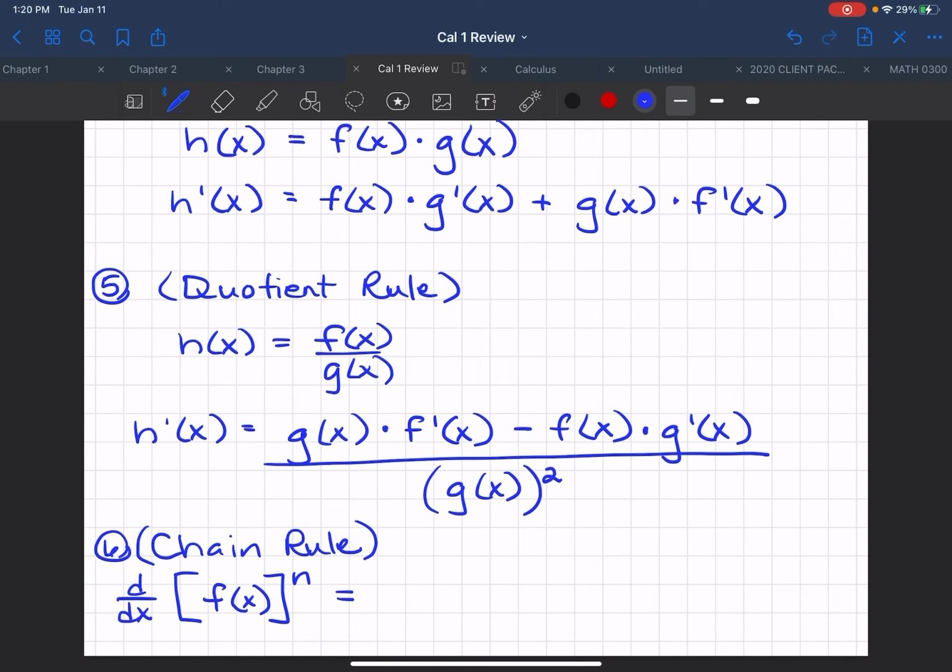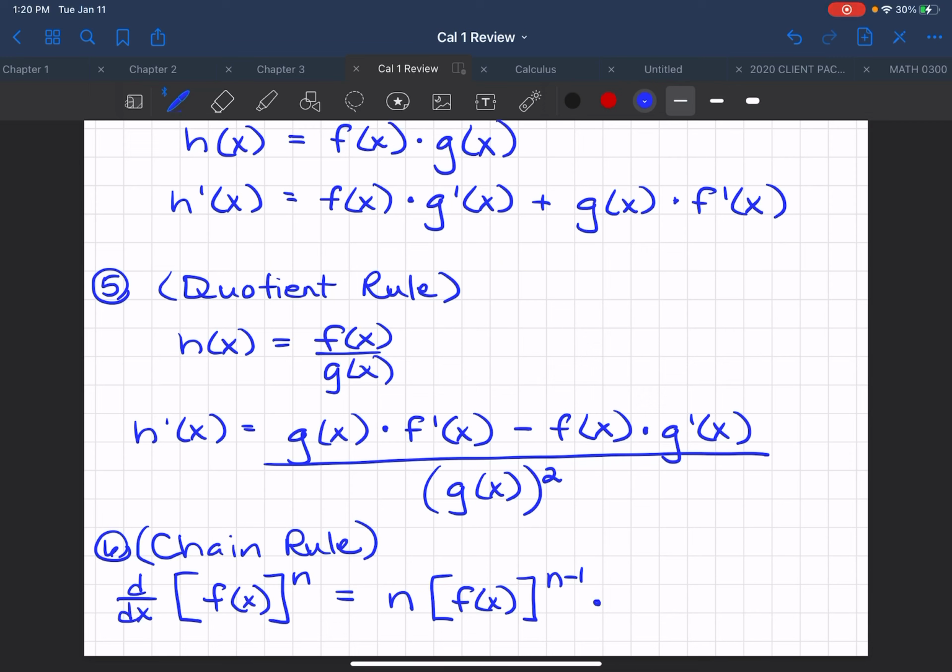That just means you work from the outside in and make sure you take the derivative of each step, or each composite part of your function. So I've got a power, so I need to take care of that. So the derivative will be n times my function raised to the n minus 1. So that's taking care of the power.